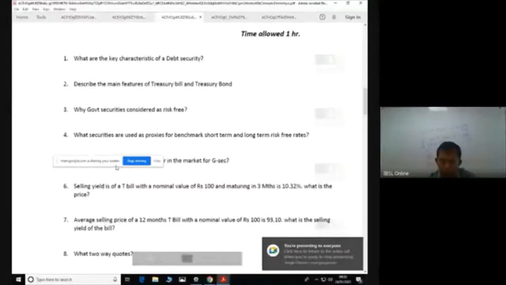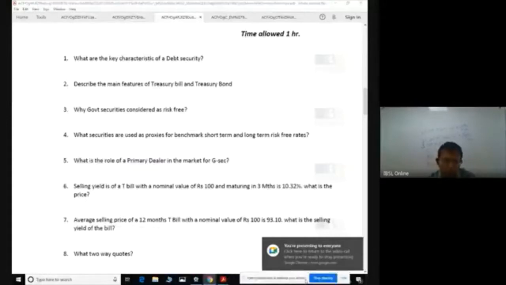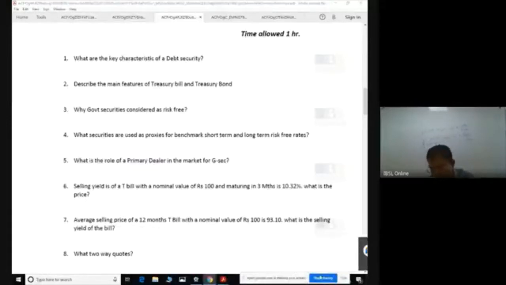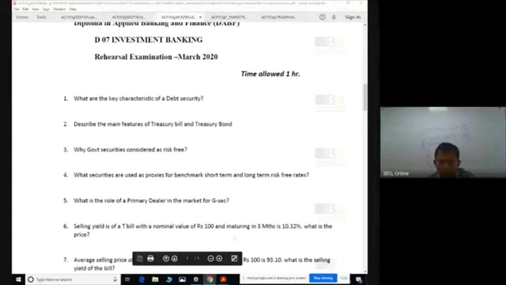The previous class also had the same question. So your syllabus has not been changed so far, right? Syllabus has not been changed. Just to refresh your knowledge of what we have done so far, it covers everything.